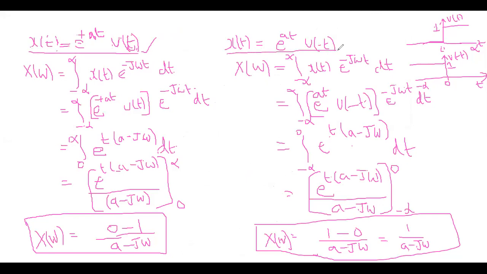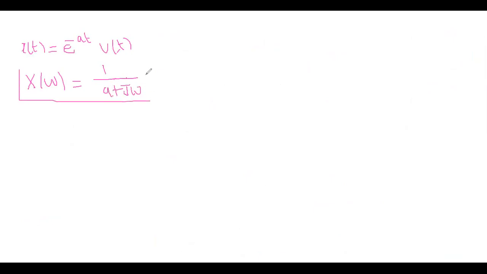Now x of t is equal to e power at mu of minus t. We already know if x of t is equal to e power minus at mu of t, then x of omega is equal to 1 by a plus j omega. Okay, my dear students.